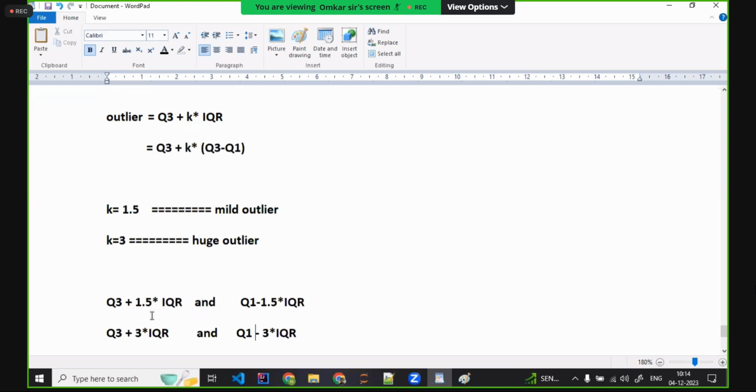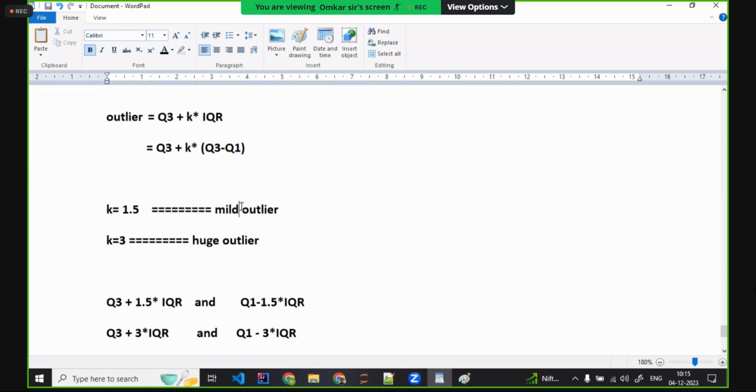And you know, an outlier is more than Q3 or less than Q1. That's why Q3 plus and Q1 minus. How many times you multiply with the middle of the data? If you multiply 3 times, it's a huge outlier. If you multiply 1.5, it is a mild outlier. But suppose your manager says take 2 times, you can take 2 times also.